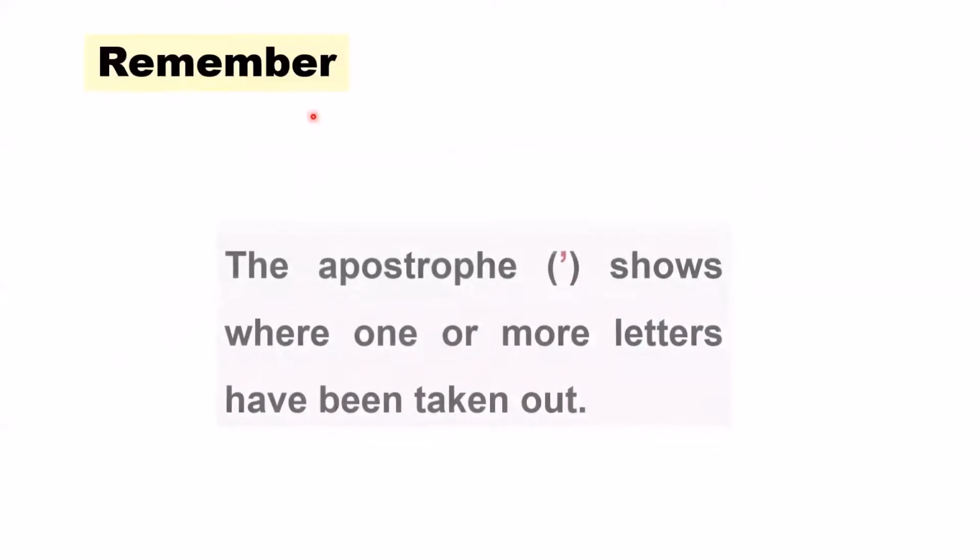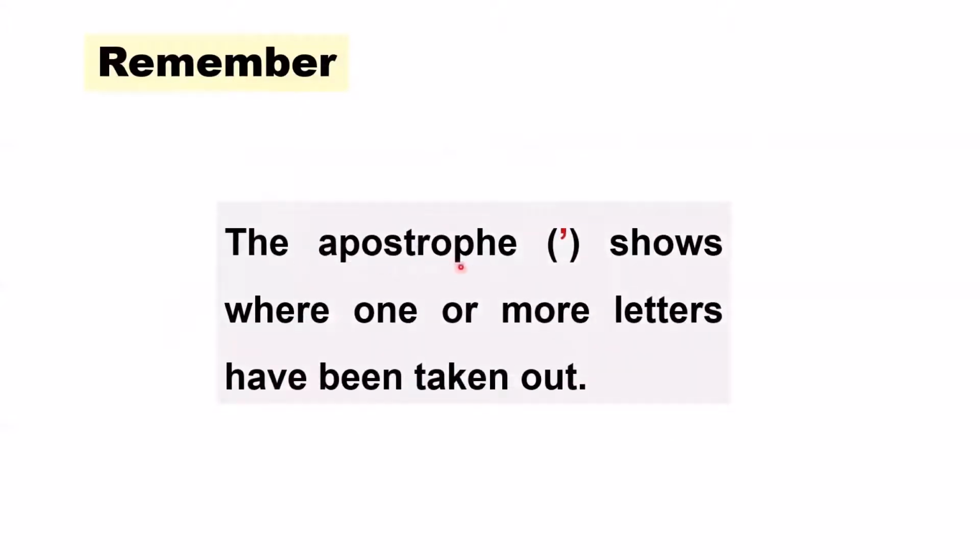Remember, children, the apostrophe shows where one or more letters have been taken out. Children, sometimes we put this apostrophe sign where we remove one or more alphabets from a group of words, or you can say from two words. So there also we put this apostrophe sign.